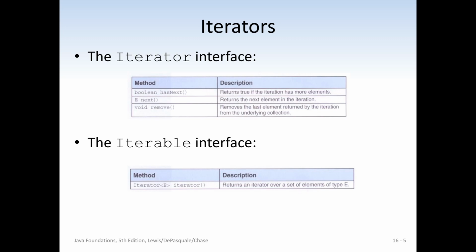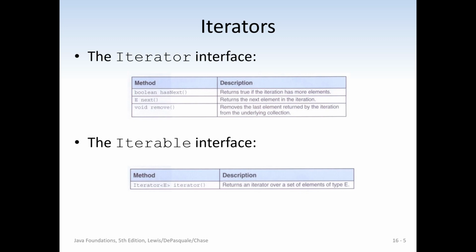So let's say you start and you say, hey, collection, give me an iterator. And it gives you an iterator, right? And you say myObject equals iterator.next. Then your myObject reference is now going to point to the first element in the collection, right?